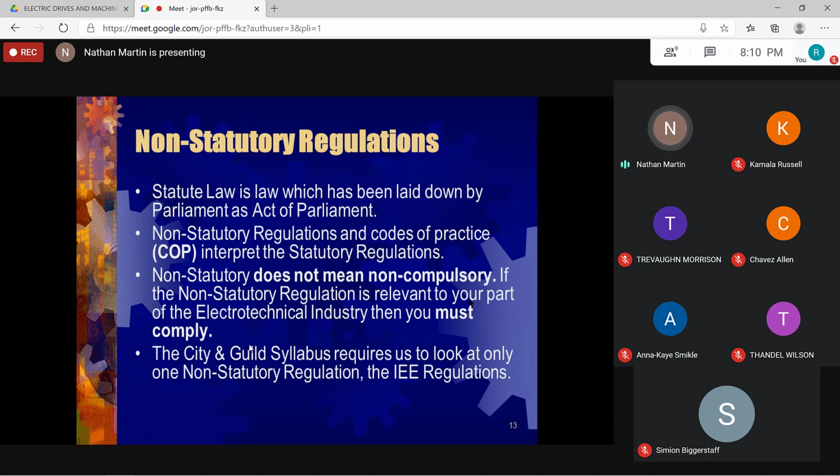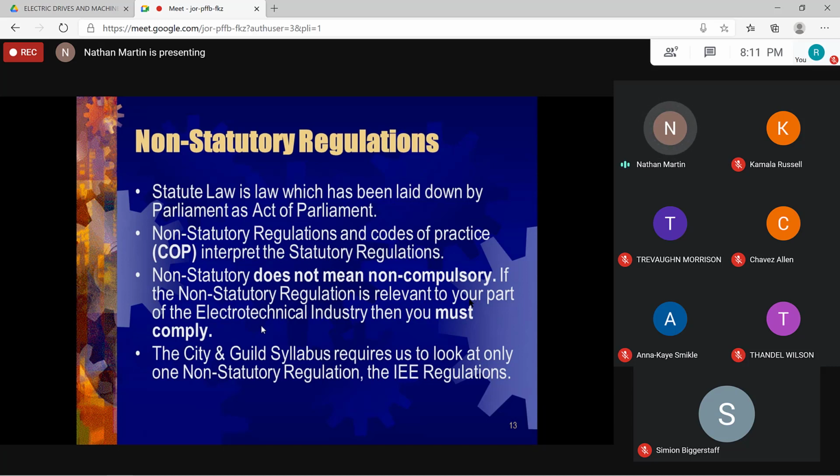So what we do as electrical persons is that we must comply, and that is why it's in bold, right? So what the government electrical inspector does is force you to comply with the code of practice, because they know that this code of practice is basically there to help you.